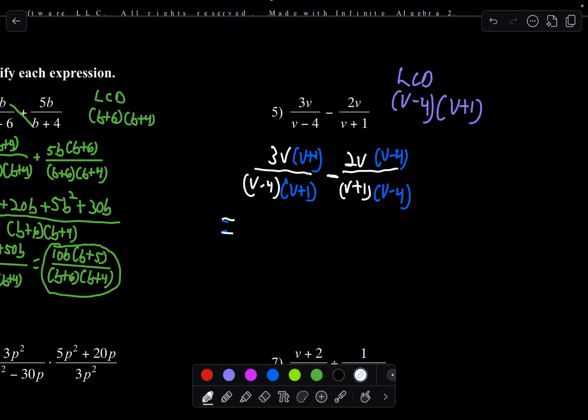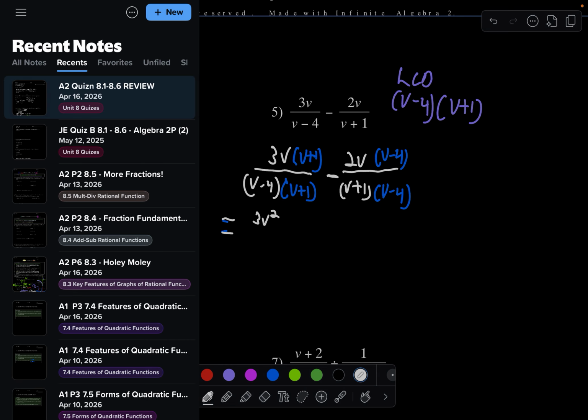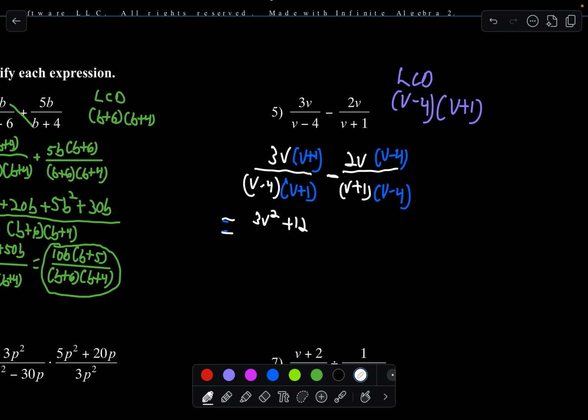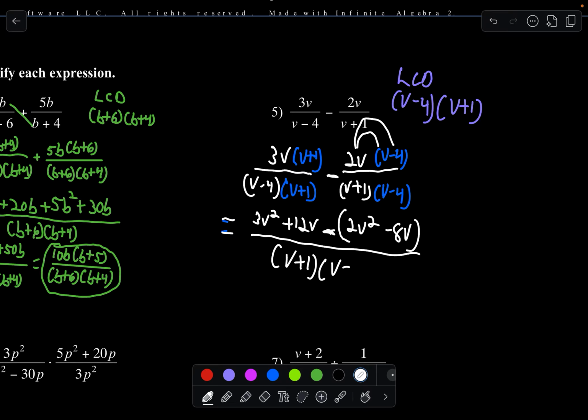So distributing on top of the left, that would be 3v squared plus 12v minus, and I have to be careful, so I'm going to put a big parenthesis here, minus 2v times v is 2v squared. 2v times a negative 4 is negative 8v. But we're subtracting all of that, all over the LCD of v plus 1, v minus 4.